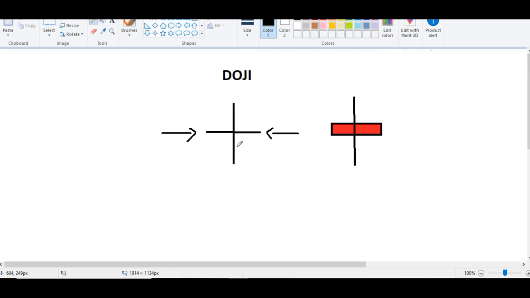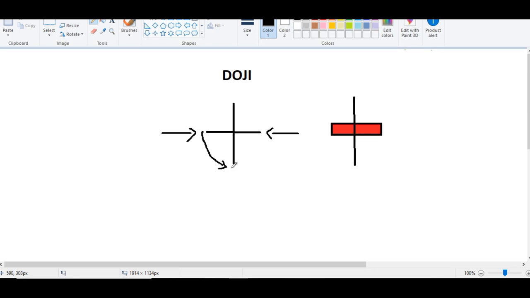So the basic definition of a doji is that the body is equidistant from the high and the low, meaning it's right in the center. Basically what this candlestick is defining is indecision. Why is that? Because let's say it opens here and it starts to go down.